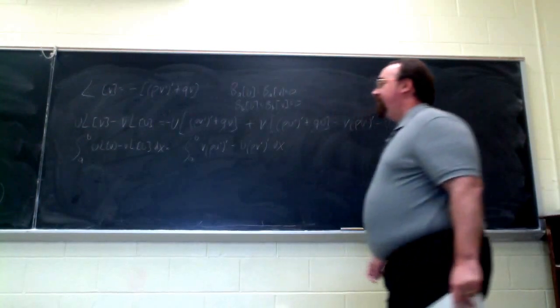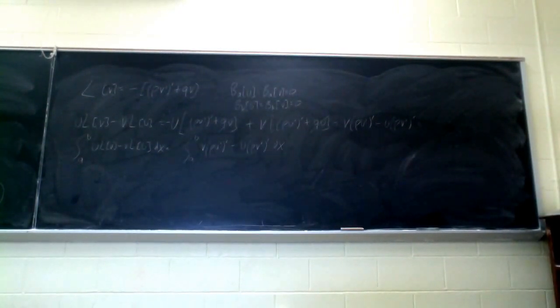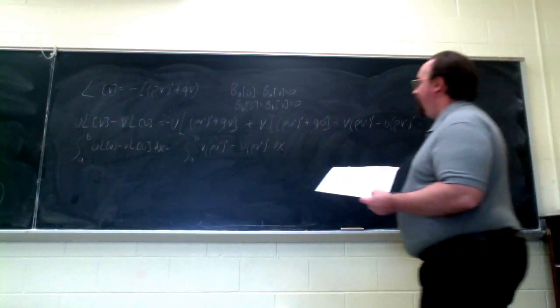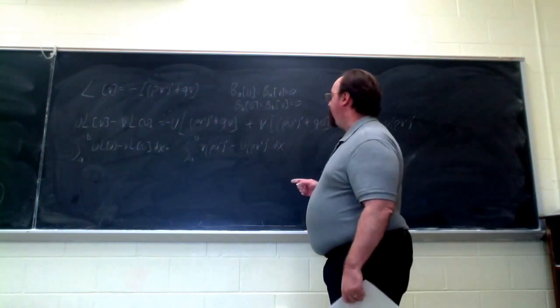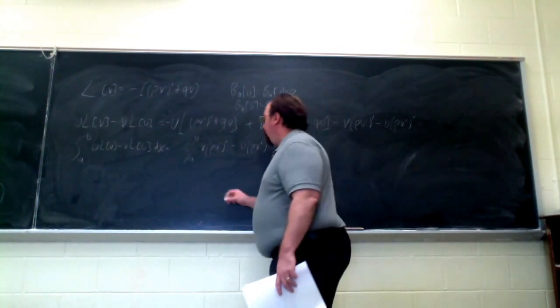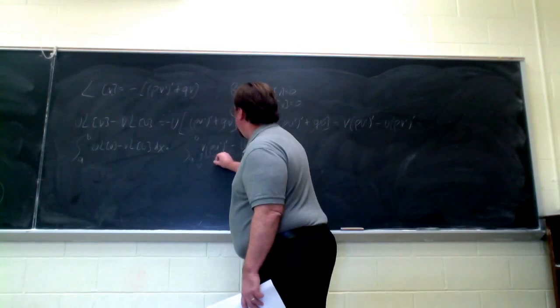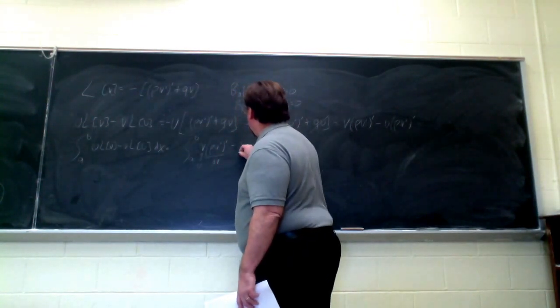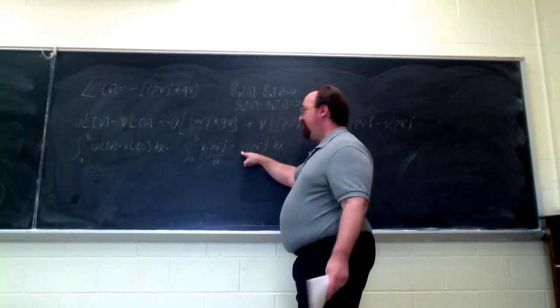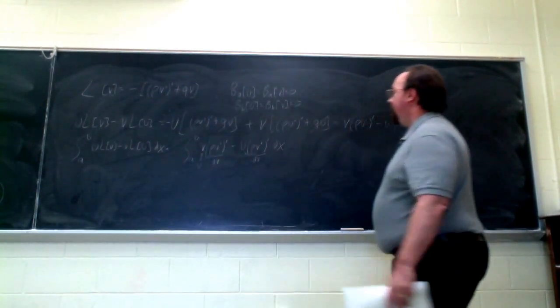And what I'm going to do is apply integration by parts to each of these terms separately. So for the first one, this is going to be my u, and this is my dv. And similarly, u is u, and this is my dv.